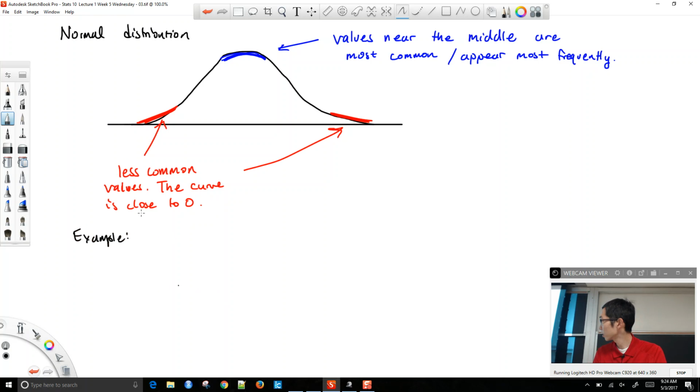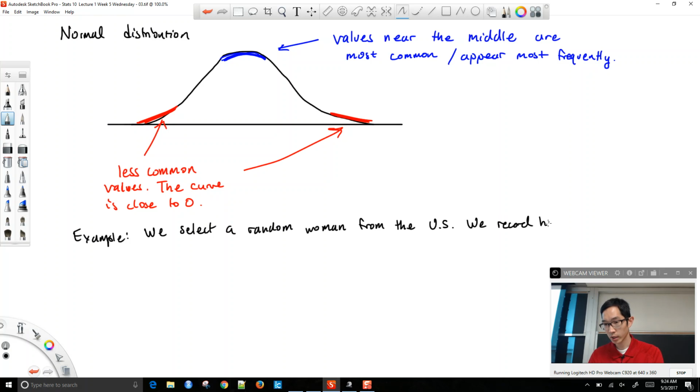We select a random woman from the United States. We record her height. Okay, and the heights will look somewhat like a normal distribution.